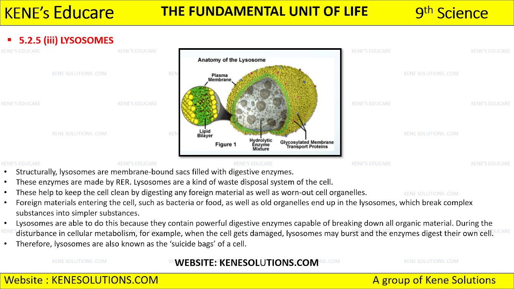So foreign materials entering the cell, such as bacteria or food, as well as old organelles, end up in the lysosomes, which break complex substances into simpler substances. Whatever foreign materials enter the cell, like bacteria and food, and the certain old organelles which are present, they are all going to end up in the lysosomes, and that is going to break the complex substance into simpler substance.